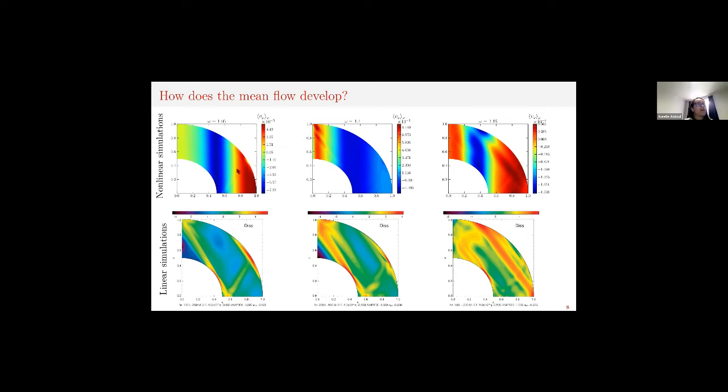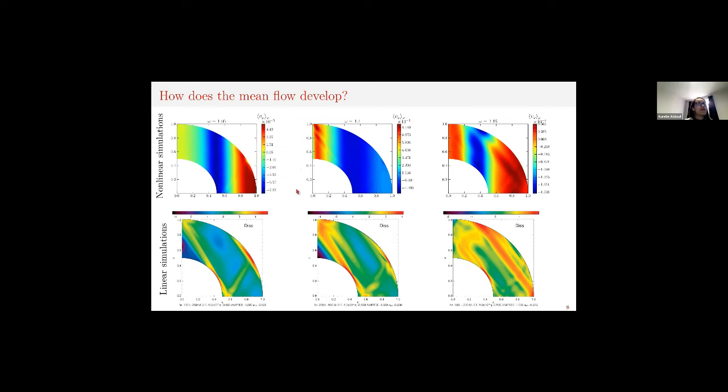And then the zonal flow is going to be stronger at this location in particular and develop from this location. And for 1.15, for example, just note the difference in amplitude of azimuthal velocity and dissipation, meaning that in fact we will have a weaker zonal flow at the end.